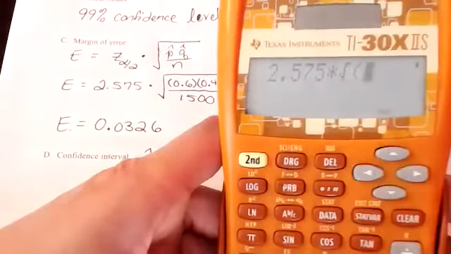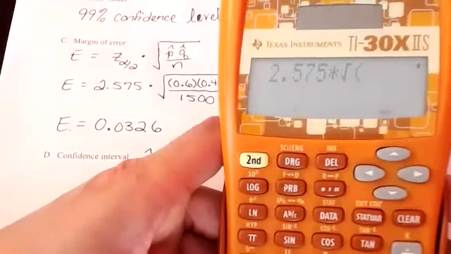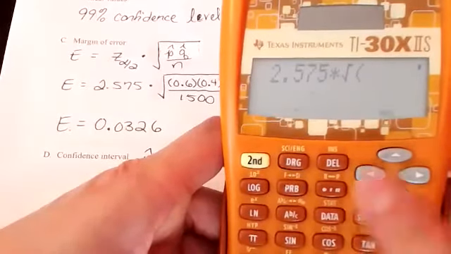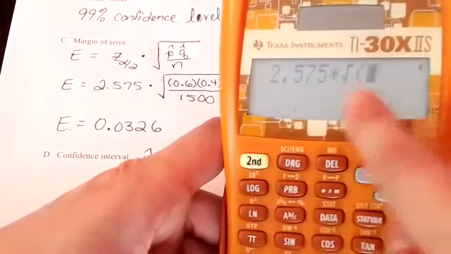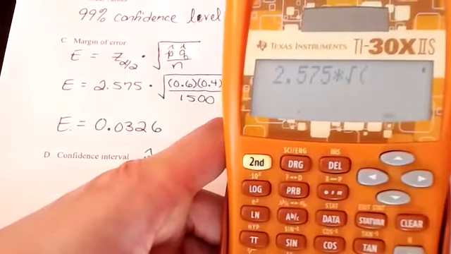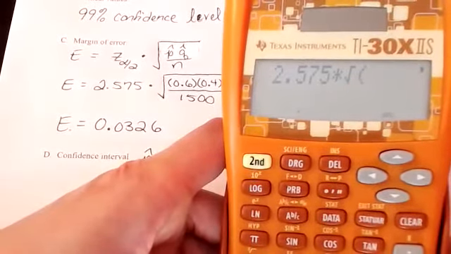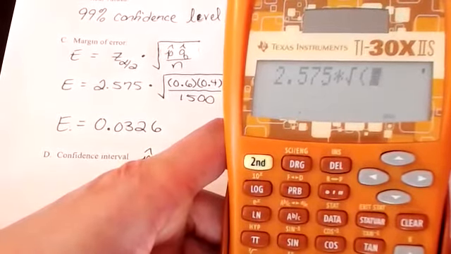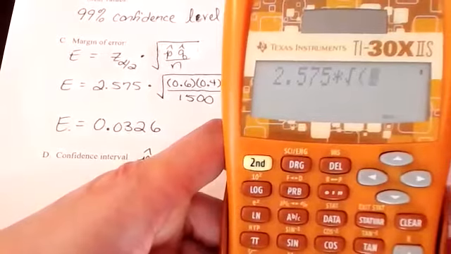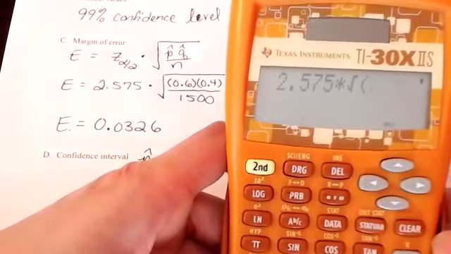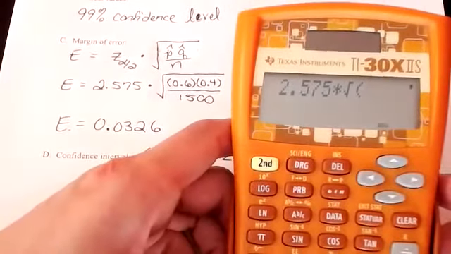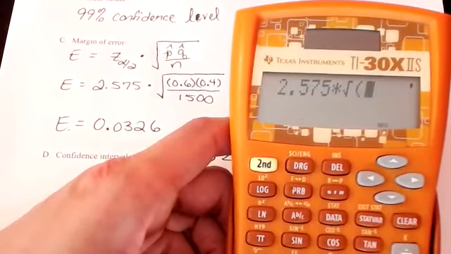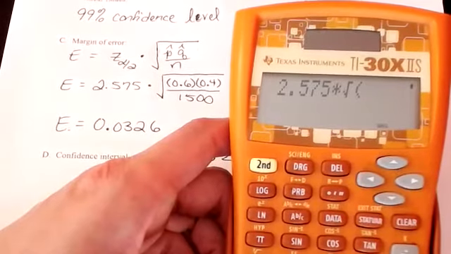I did my fraction bar, and then I put the 0.6 on top times 0.4, and then it allowed me to put the 1500 at the bottom, and then I equaled it. The first time I was getting it wrong when I tried the parentheses.